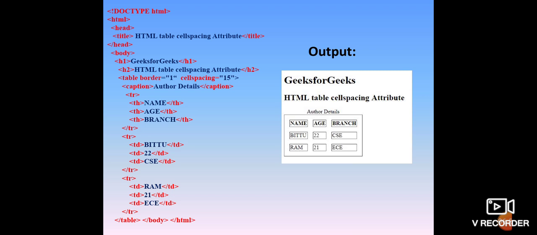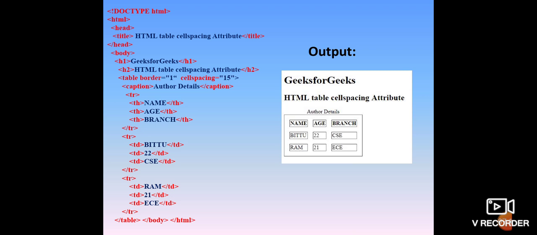Then I am opening the third row TR, and here I give the third data: Ram, 21, ECE. Finally I have closed that also.